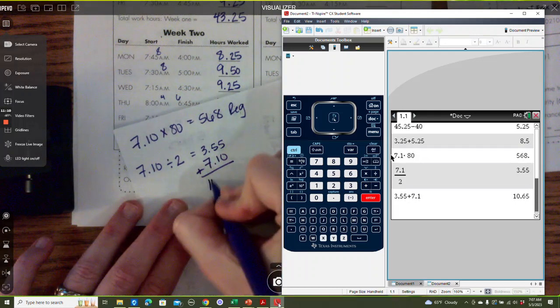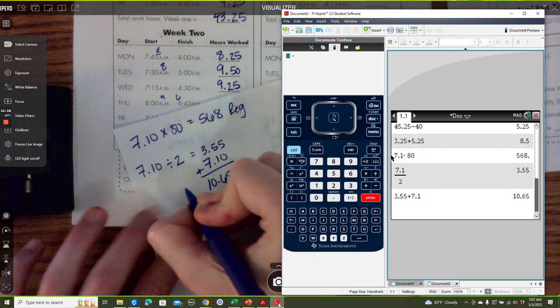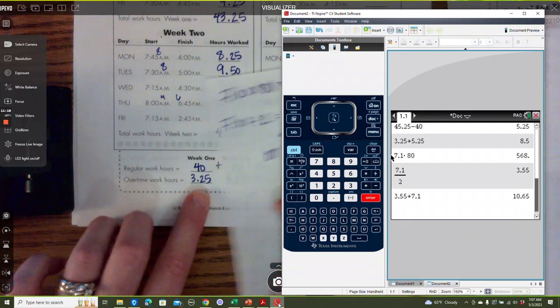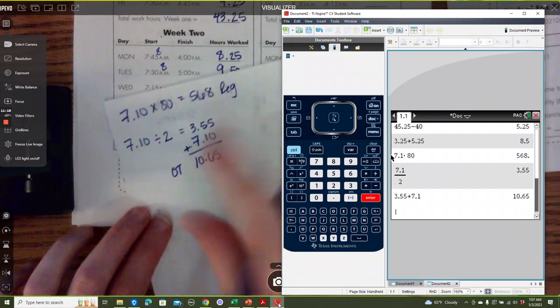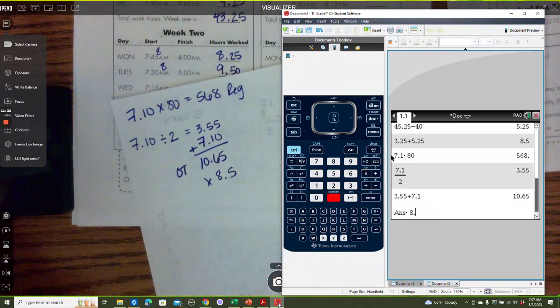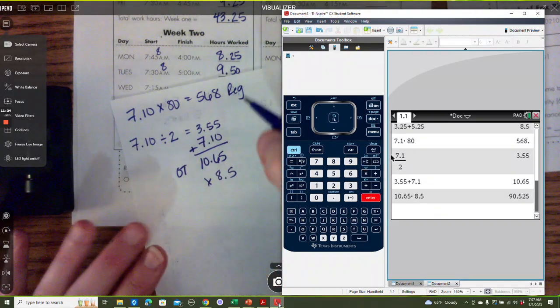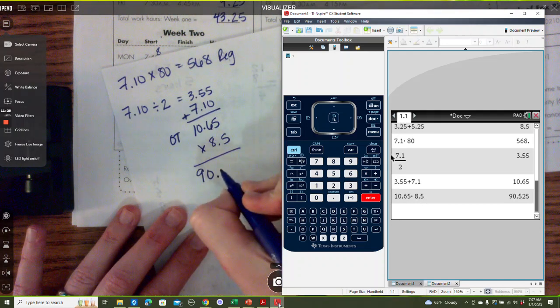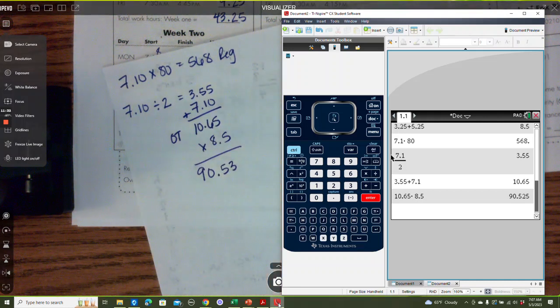So your overtime pay should be more. And then you take that amount and multiply it by what he works. So times the 8.5. And you round to money.